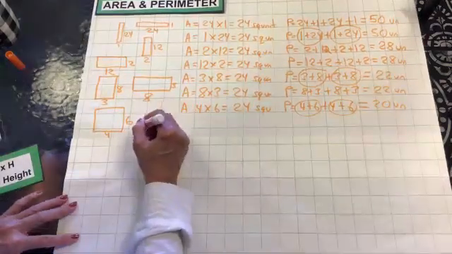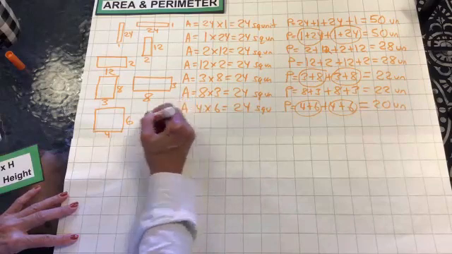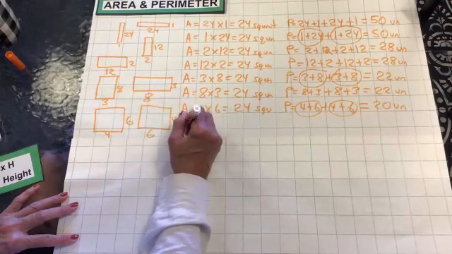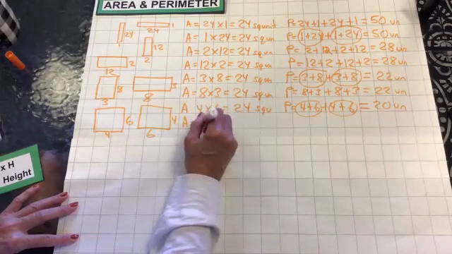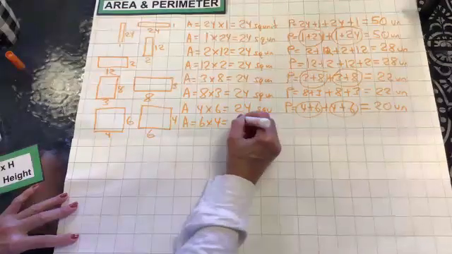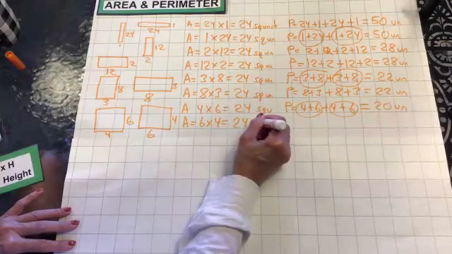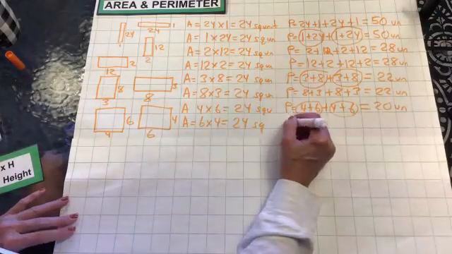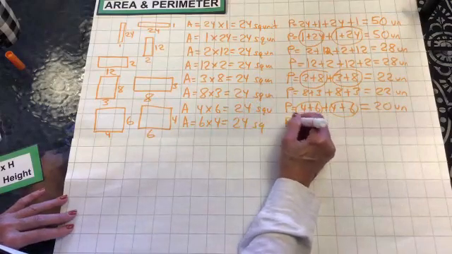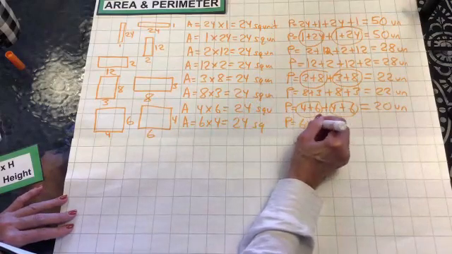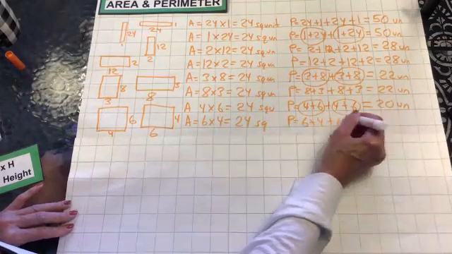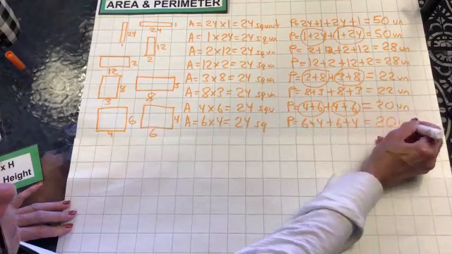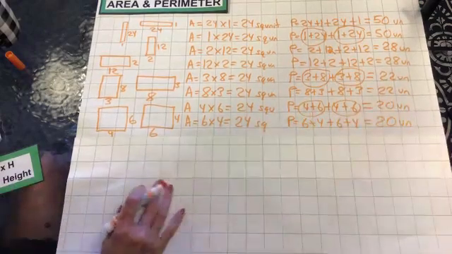And the other way to do it would be as 6 by 4. So I'm going to draw that 6 by 4. 6 times 4, 24. Always coming up with 24 because we're using the same amount of squares. And this would be a 6 plus 4 plus 6 plus 4. Again, same numbers, different order, 20 units.